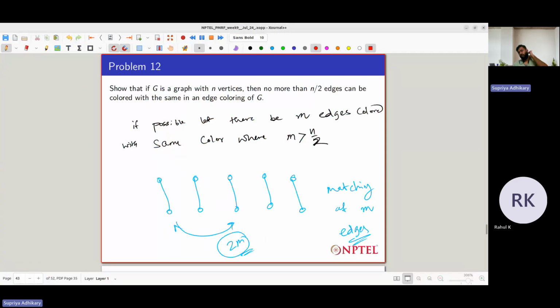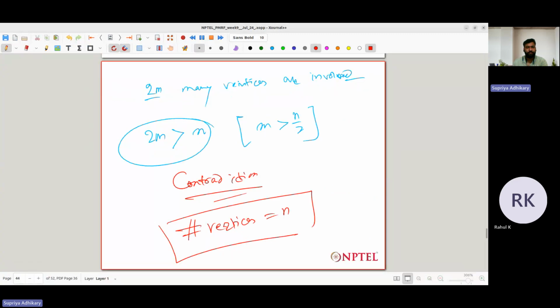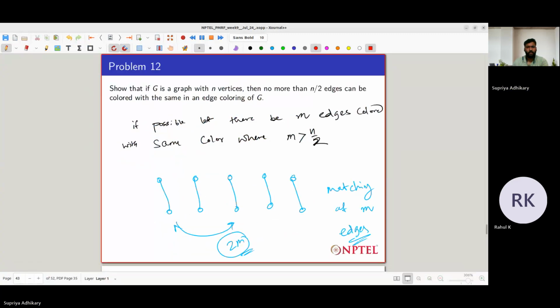That is not possible for any graph. So therefore, we can say that our assumption was wrong. That is, it is not possible that we can color more than n over 2 many edges with the same color. So we have proved this using contradiction.